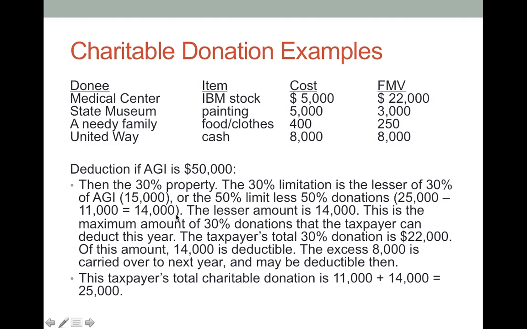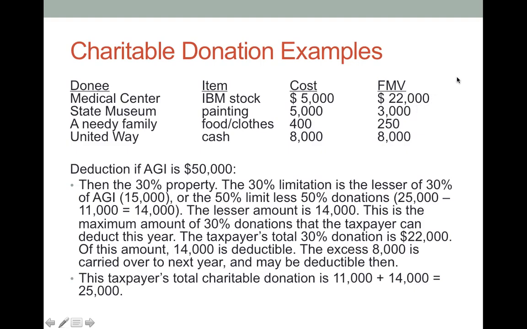Remember, the maximum amount that we can deduct is the lesser of these two numbers, the lesser of $15,000 or $14,000. So in this scenario, the amount that we can deduct is $14,000. That's the maximum we can deduct. So our 30% donation is stock that's worth $22,000.